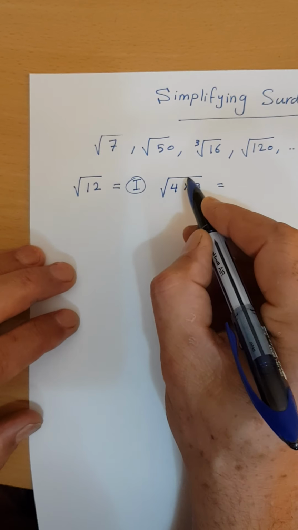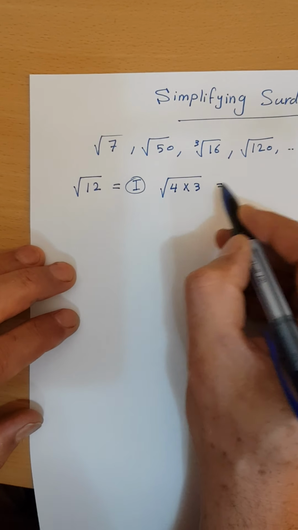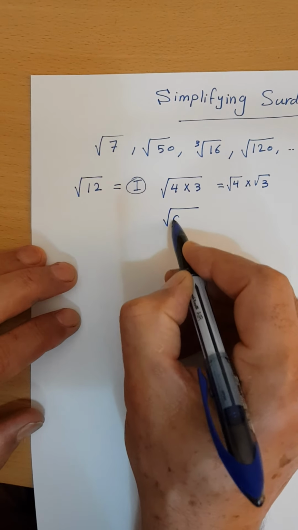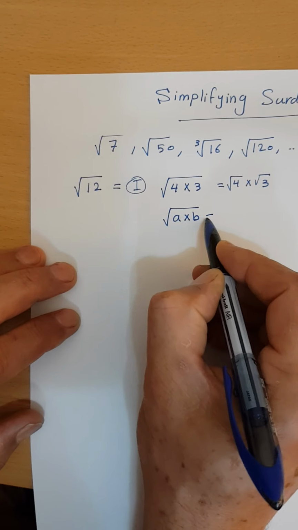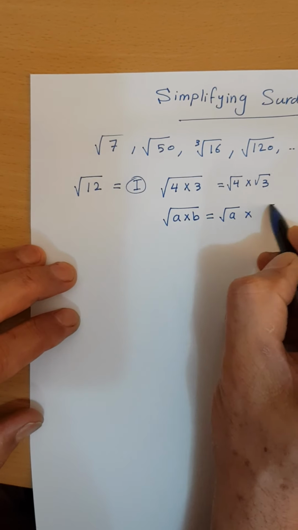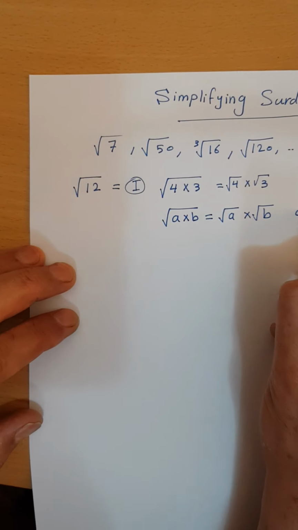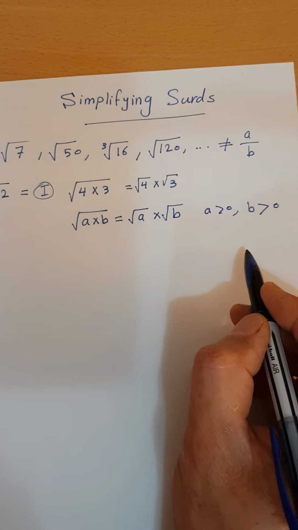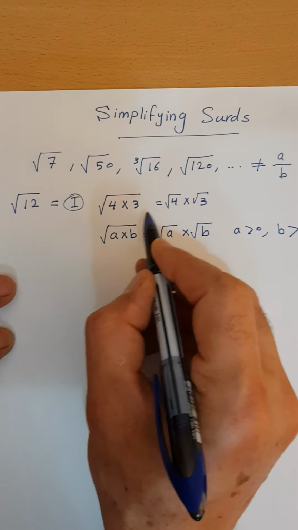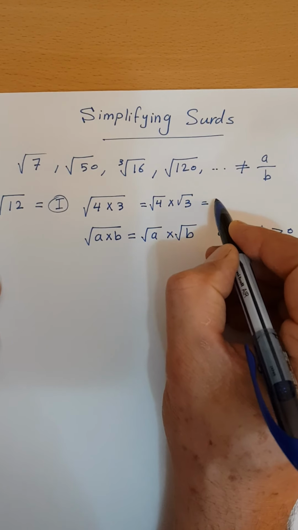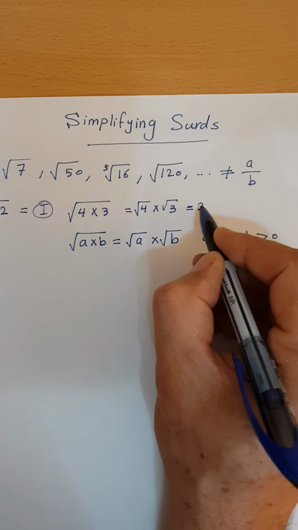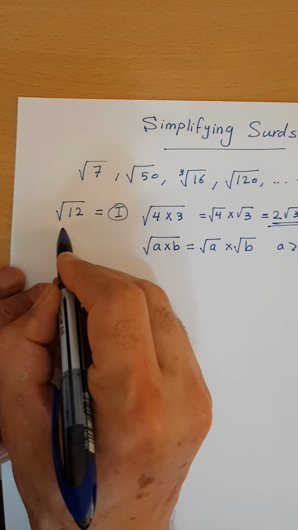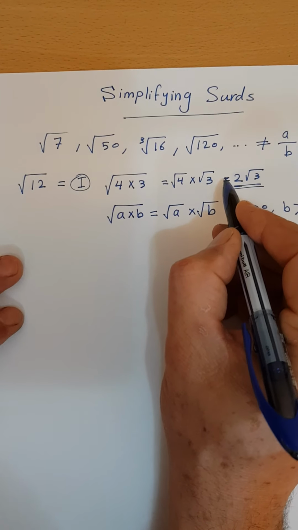After that, split the radical sign: root 4 times root 3, because don't forget this rule: the square root of a times b means root a times root b, of course with a bigger than 0 and b bigger than 0. So root 4 is equal to 2, and radical 3, I don't have an exact value for it, just write it again. So the answer is 2 radical 3. So square root of 12 equals 2 radical 3.